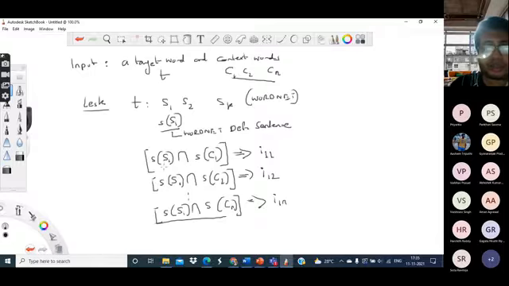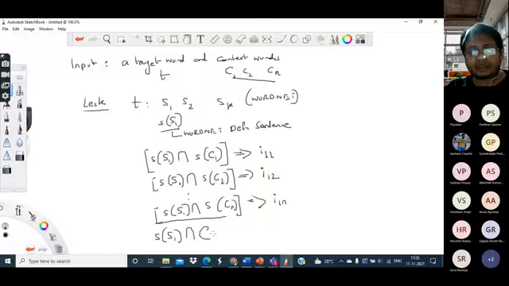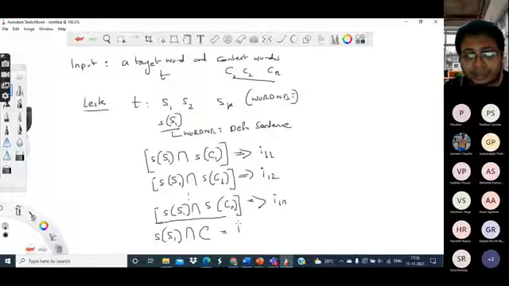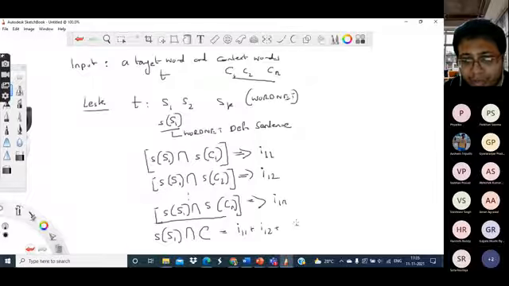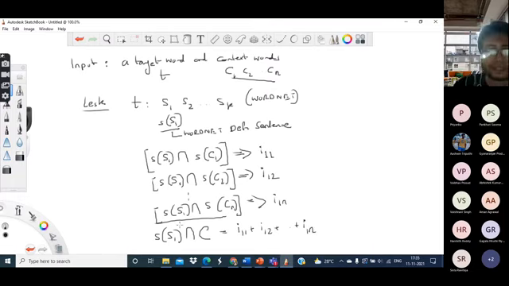Now you can calculate the intersection with the entire context as the sum of these things, I11, I12 up to I1n. So it's like saying that the first sense has this much overlap with the different context words.